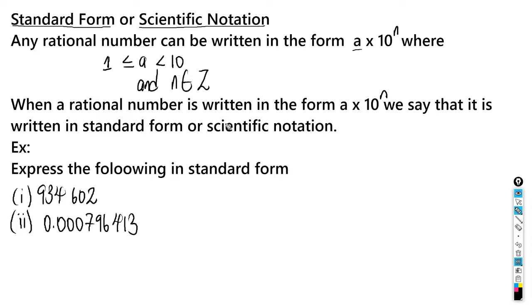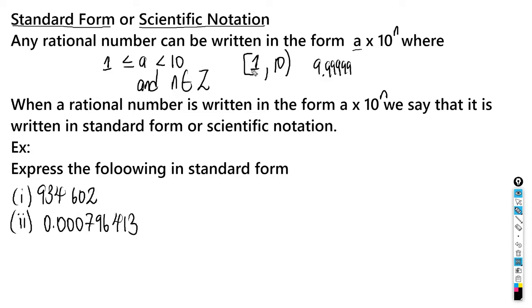Let me just explain that. a has to be between 1, a closed end, and 10, an open end. What this means is it can be 1 all the way up to 9.99999, as close to 10 as you can get, but anything but 10.